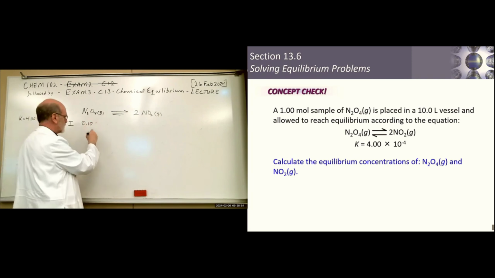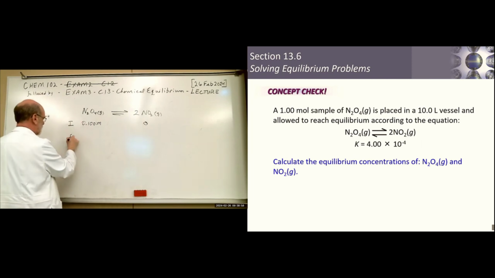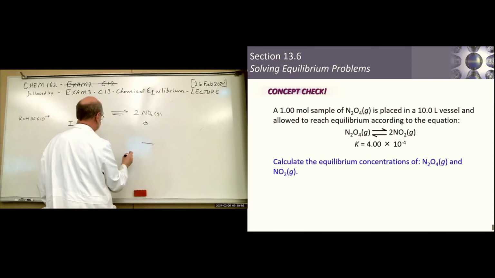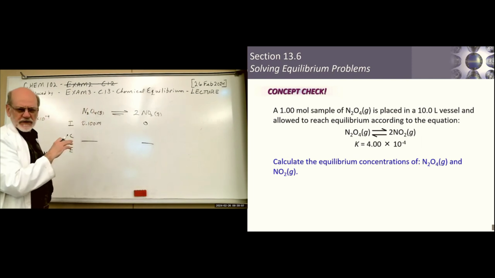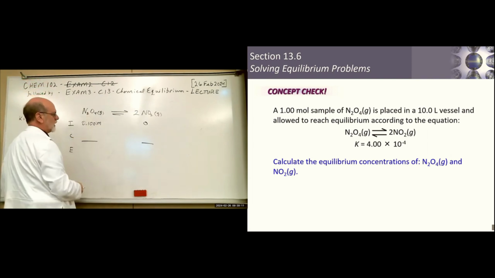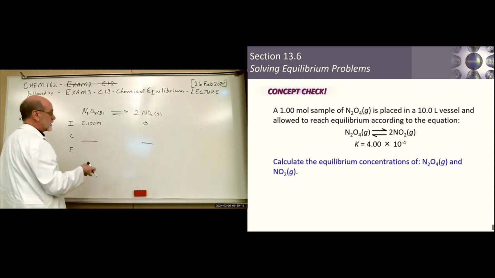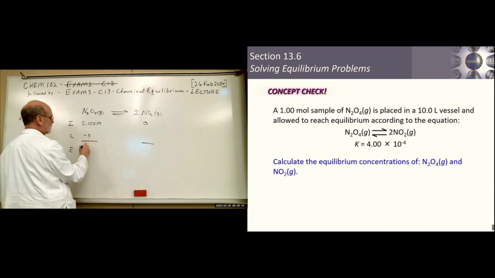Let's see, 3 significant. And we got nothing there. Right, so what's the change that we should expect? Well, we're going to lose something from this side, but the question is, what's the equilibrium concentration of each one? Well, if we're going to calculate both of them, then we can pick the X wherever we want it to. We're going to lose some of this one.